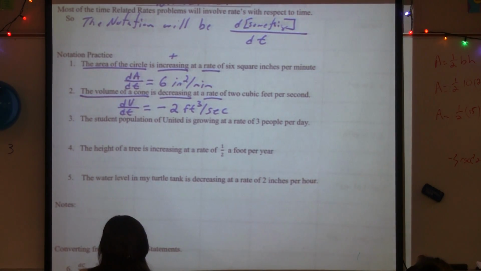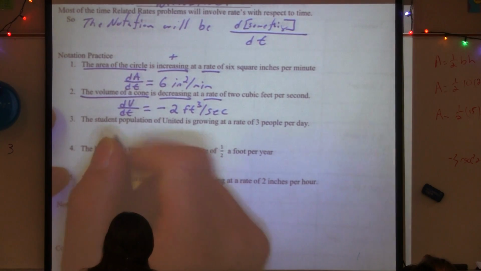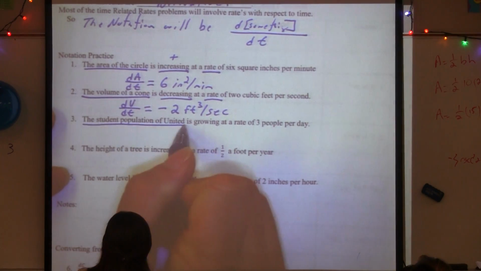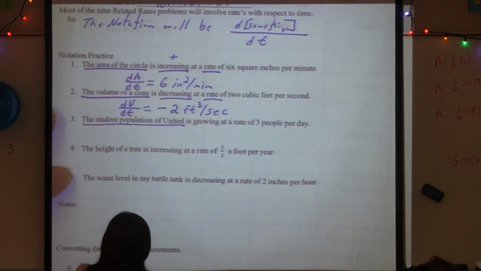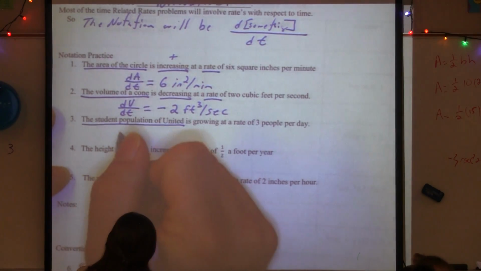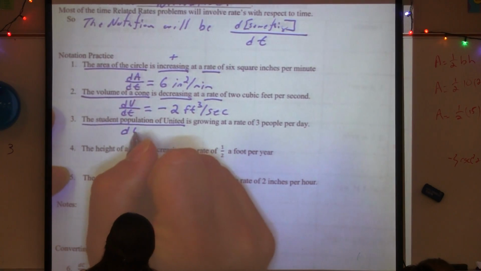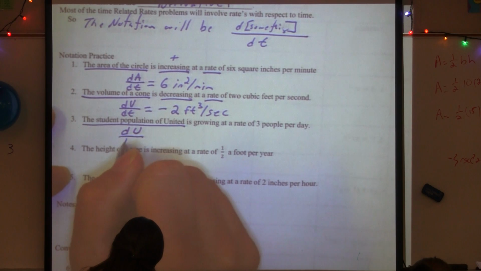The student population of United is growing at a rate of 3 people per day. So what letter would you like to use for student population of United? U? So let's say D capital U over dt.